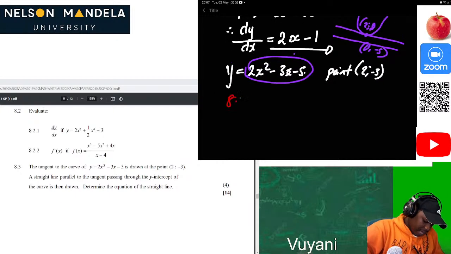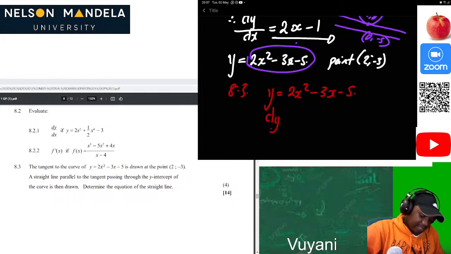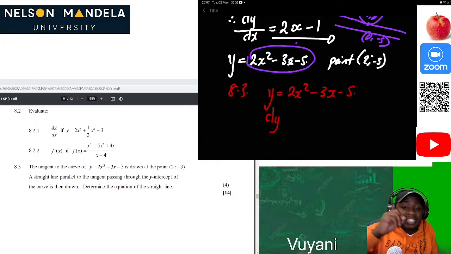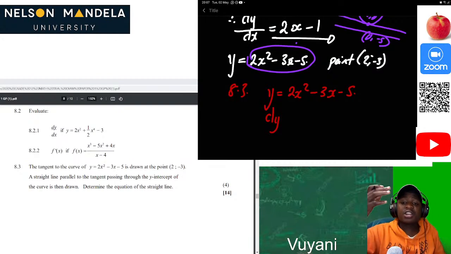The first thing, 8.3, is that we are given y equal to 2x squared minus 3x minus 5. Since they say tangent, we are looking for the first derivative of the function of the curve.